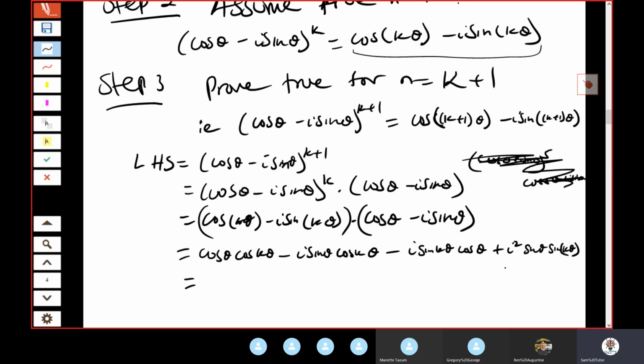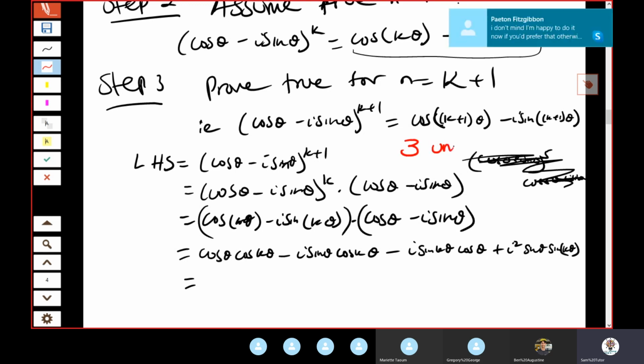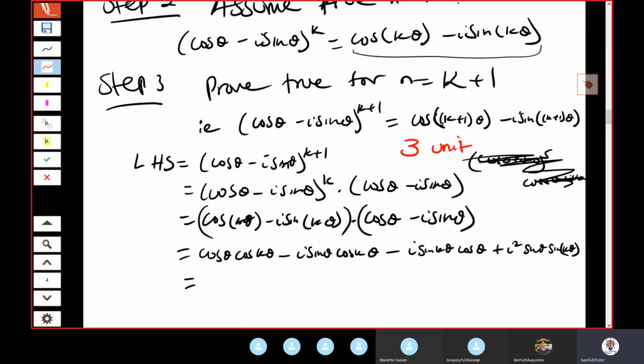Okay, a whole lot of stuff. Now, does anyone know what formula they've used to get to here? Think about it. This is the sine A plus B thing. Yes!